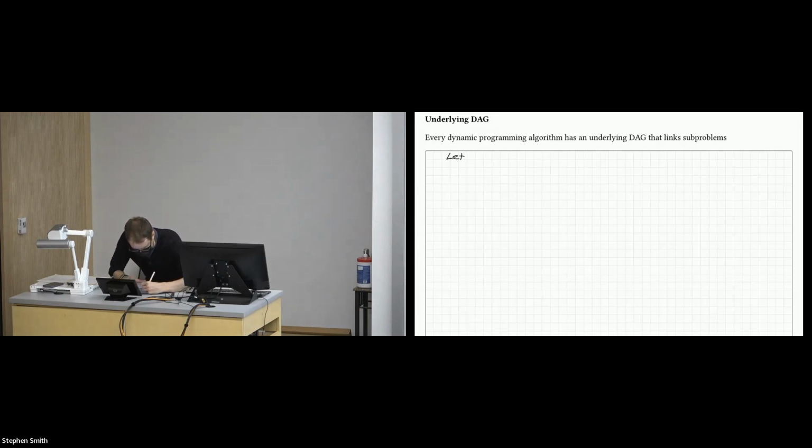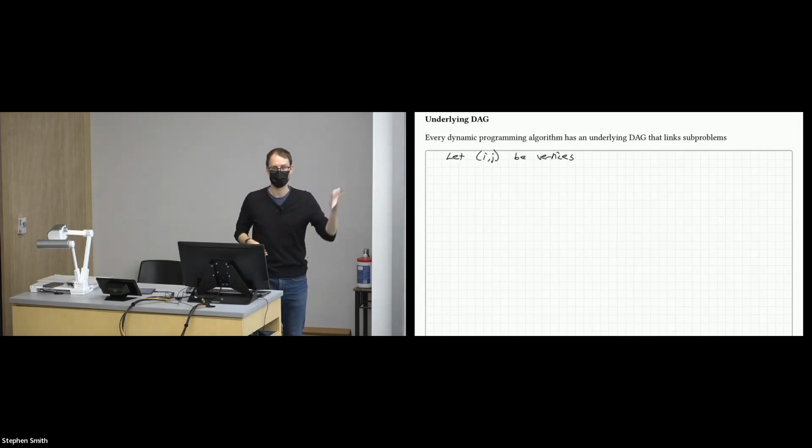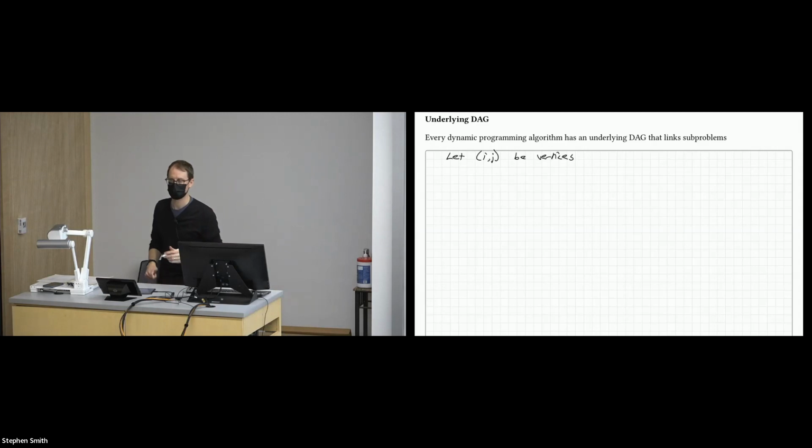So let (i,j) be the vertices. So the vertices are my pairs of indices. It looks kind of weird, right? Because normally that's our edge notation, but that's a vertex. And then I connect two vertices as follows.